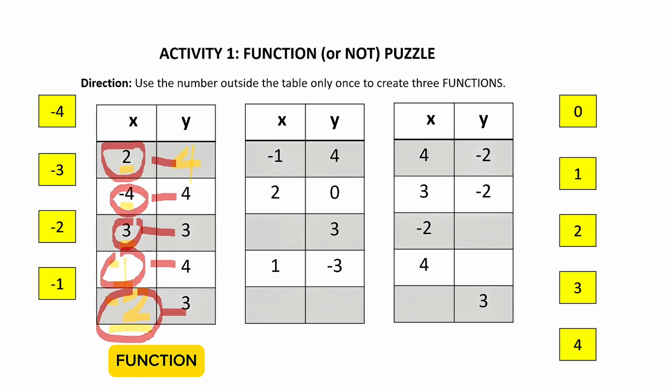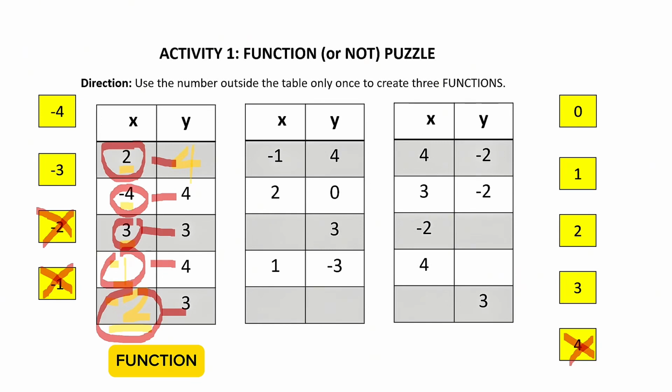Now let us proceed with the next table. But before we proceed, let us mark x with the number that we already use: -1, -2, and 4. Okay. In the next table, the x values are -1, 2, and 1.